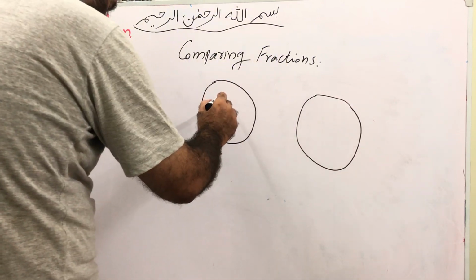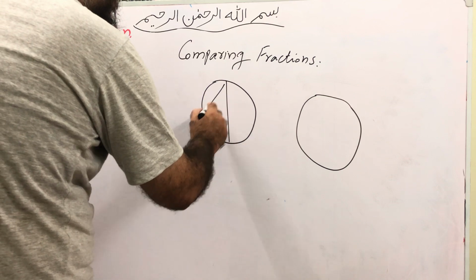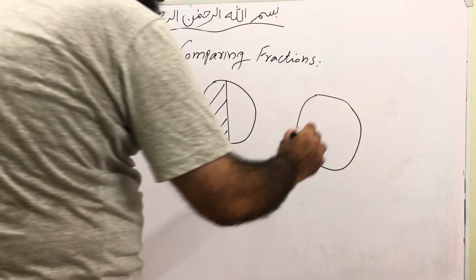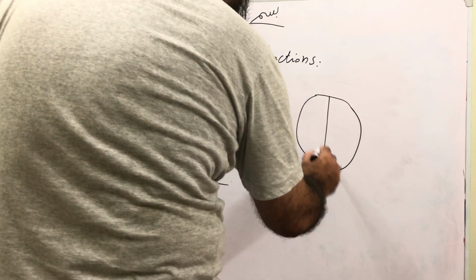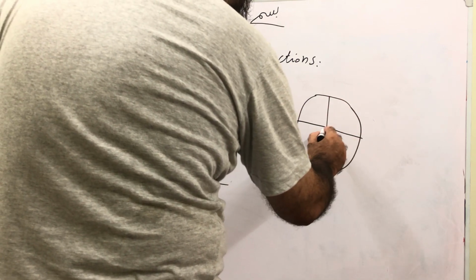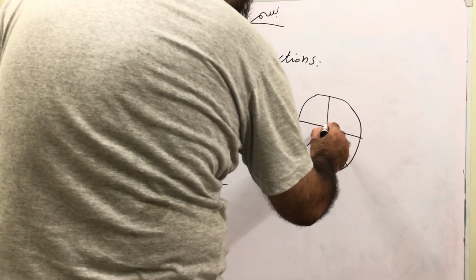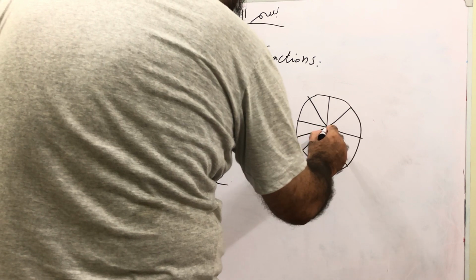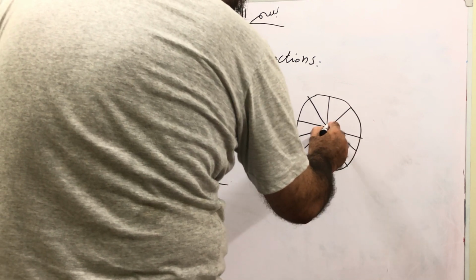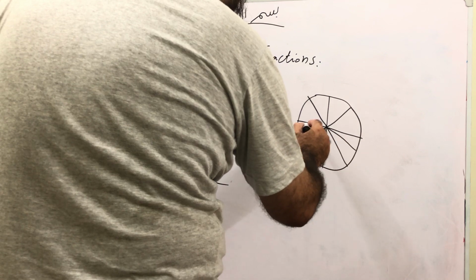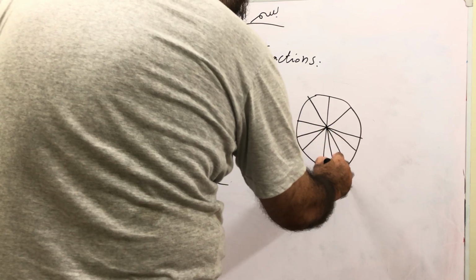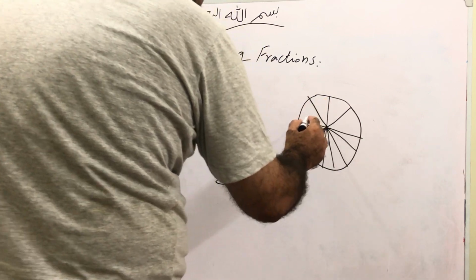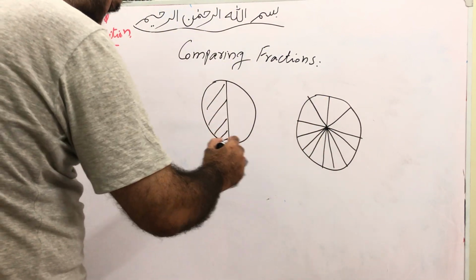Here it is 1/2, which means this is eaten, and here 1/12, it means we need to do 12 equal pieces. So here 1/2 and here it is 1/12.